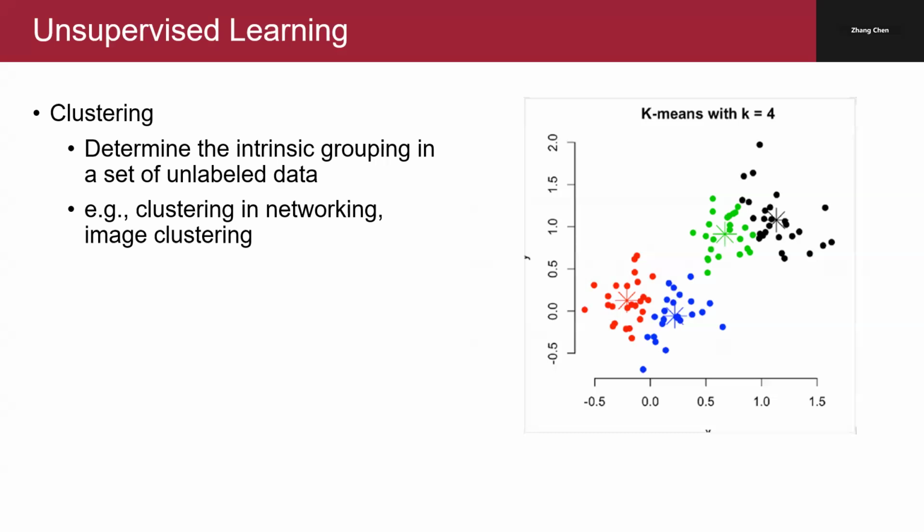In our case, they are reflected with colors. Clustering is widely used in practice, for example, in network analysis, image clustering, or customer segmentation. The key idea is that clustering helps us understand the structure of data where no prior labels are available.